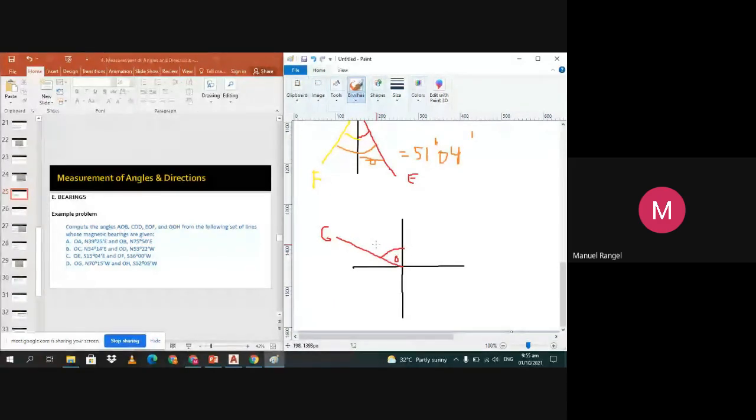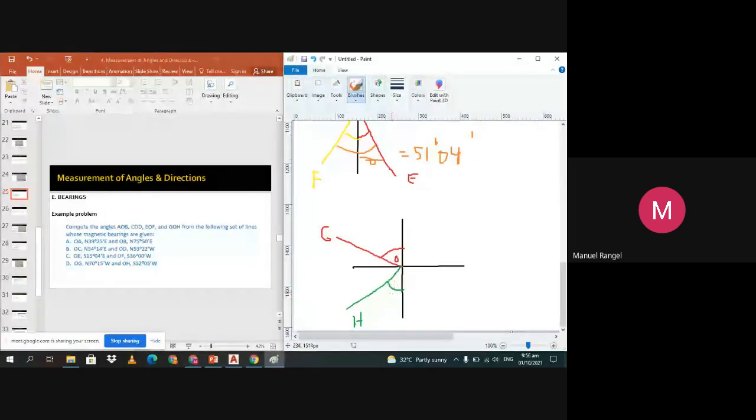Then under H, a line OH is south 52 degrees 5 minutes west. So this is H. So this is the angle.